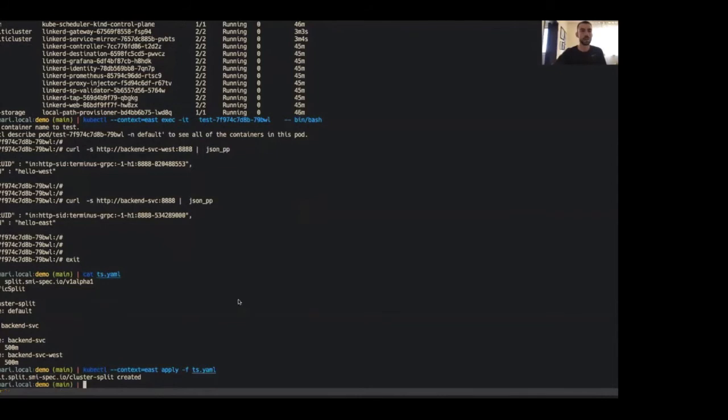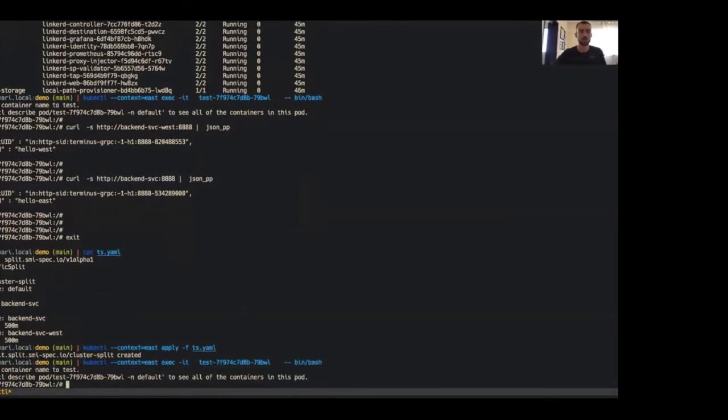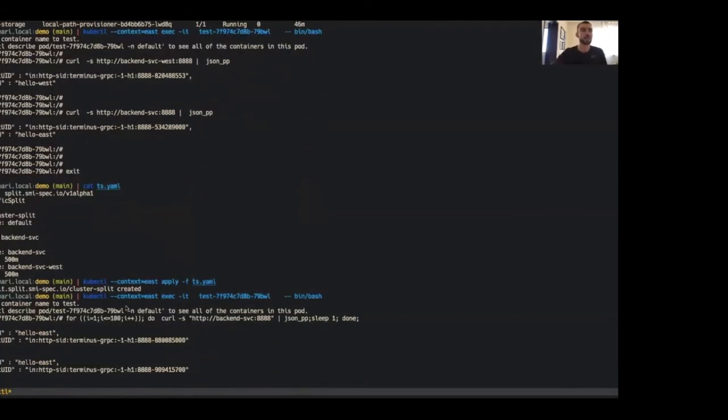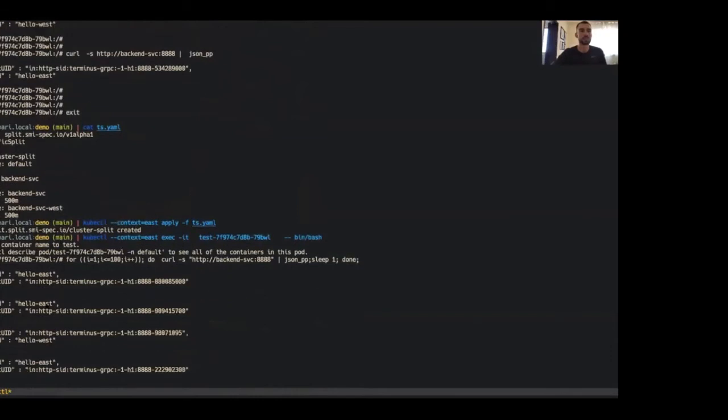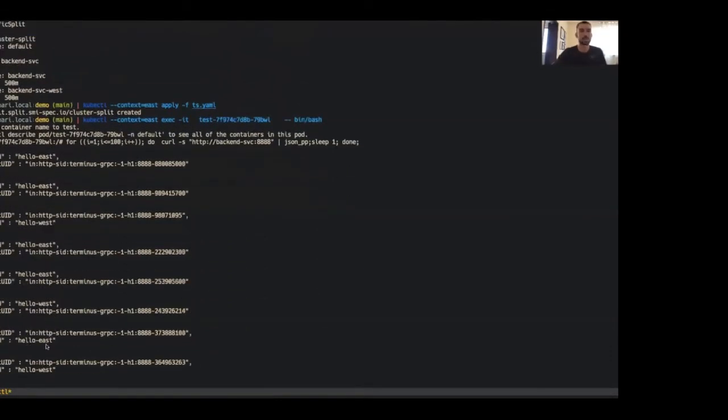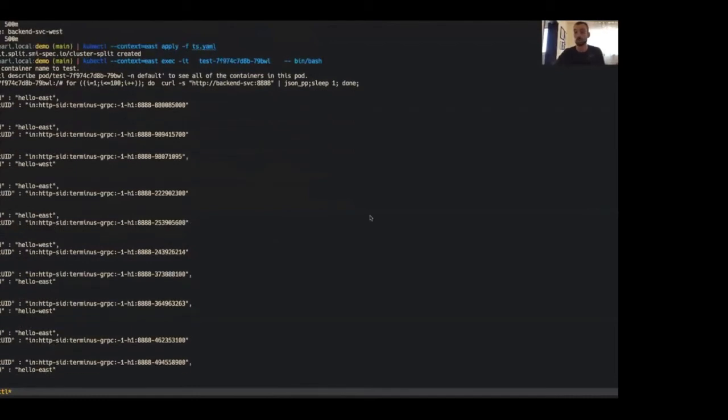Once we apply it and we get into our pod again, we can run a curl command that curls backend service. What's going to happen is that the traffic is going to be split between east and west, and you can see that this is happening because we get different responses.